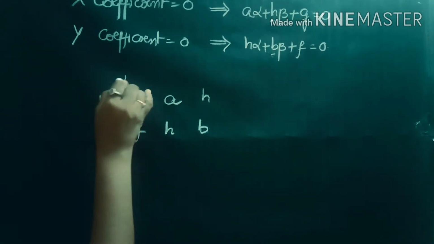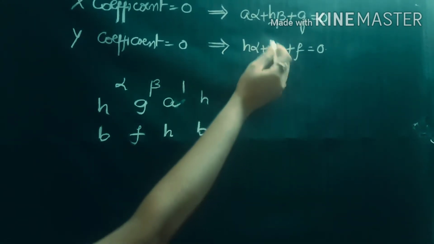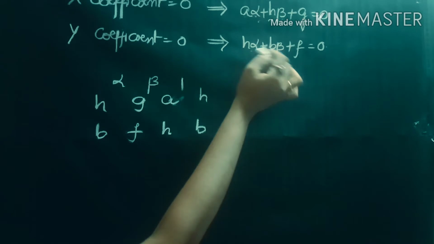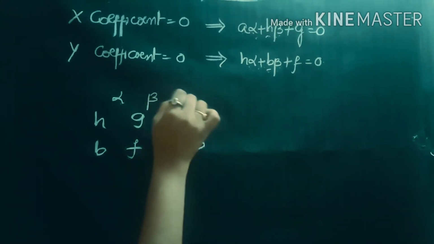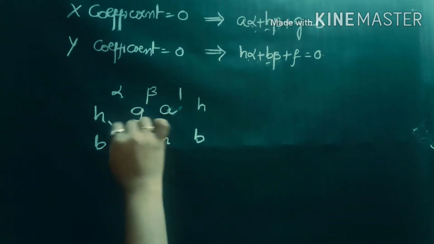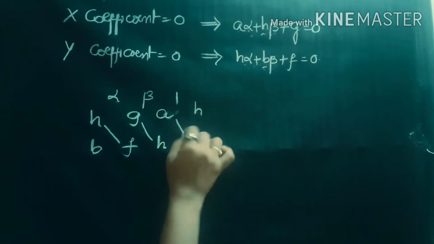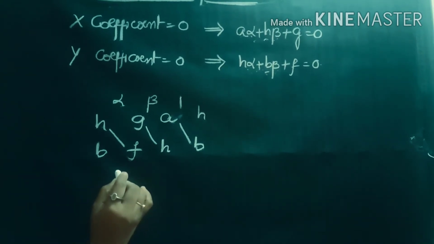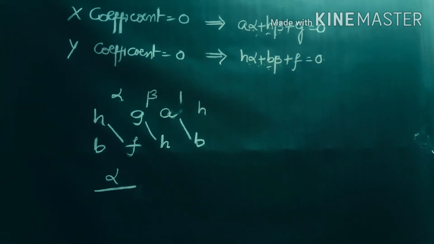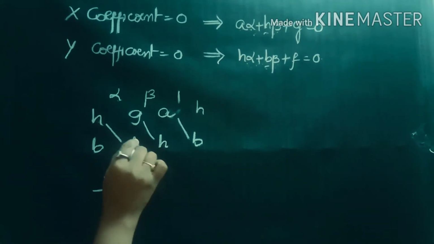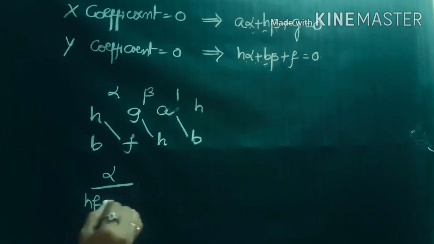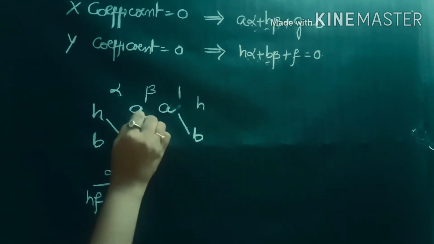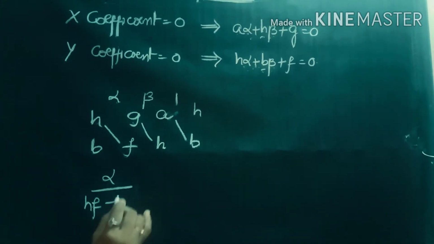And here we take alpha, beta, 1, since these are the equations in terms of alpha, beta. Next we draw lines like this. It represents that first we take the product of these terms. Now the next step is we take alpha by the product hf, minus the product bg.